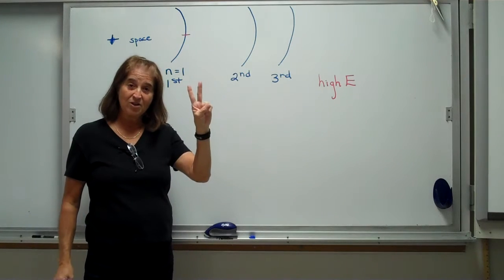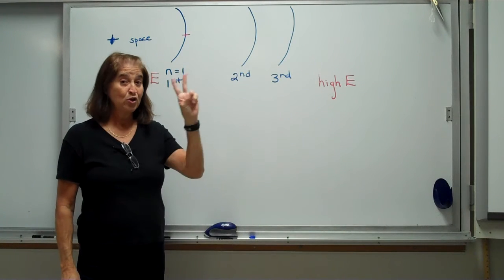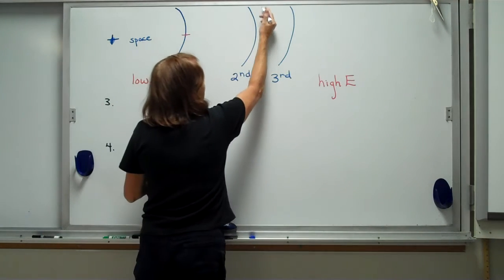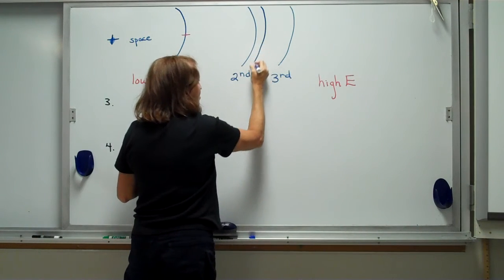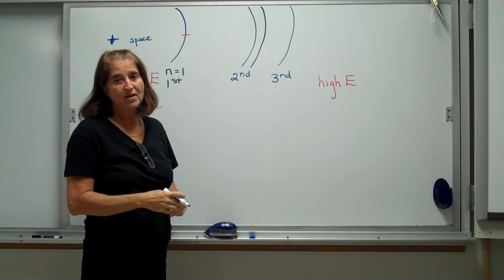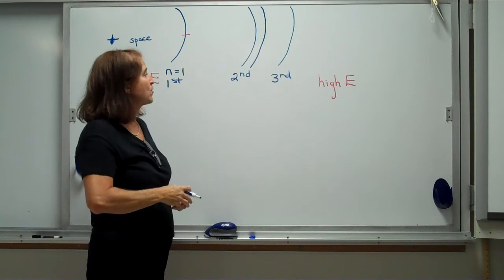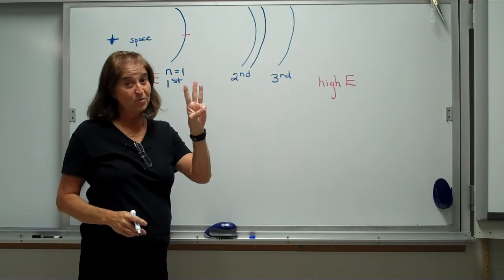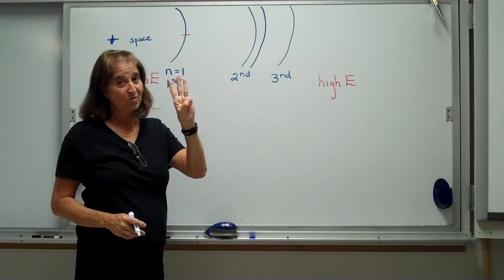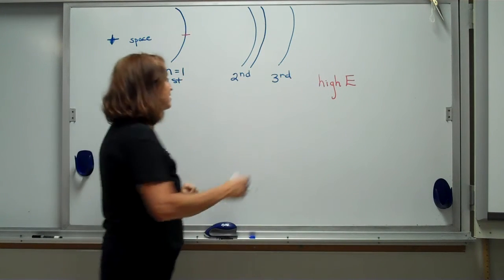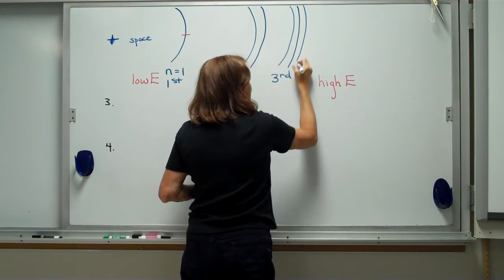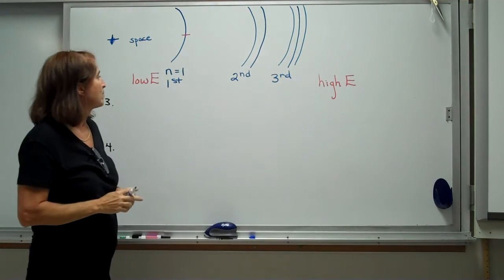In the second energy level, there will be two sublevels. I've only drawn one, so I need to put in another sublevel. In the third energy level, n equals 3. Guess how many sublevels I have to show? 3 sublevels. And so there will be 3 sublevels here in the third energy level.